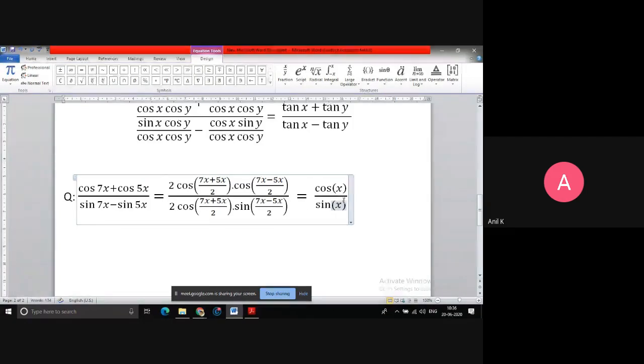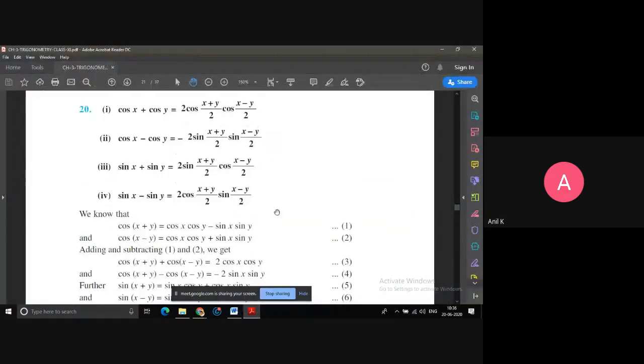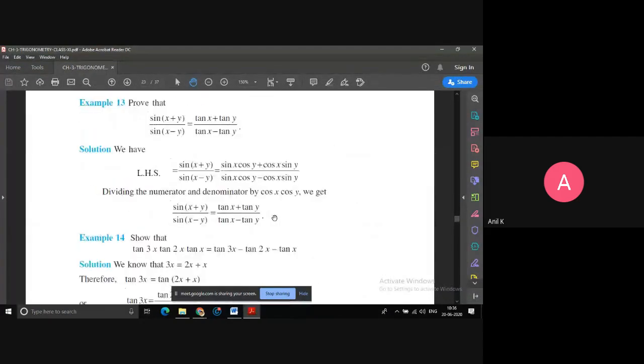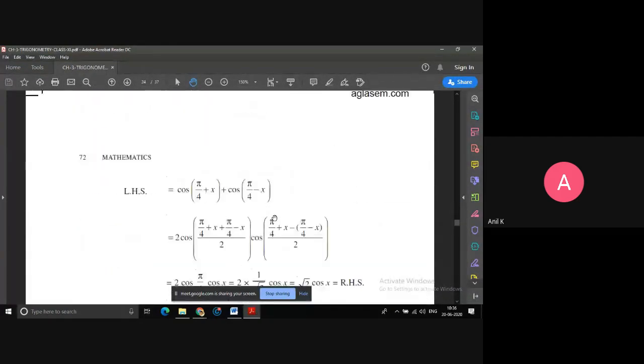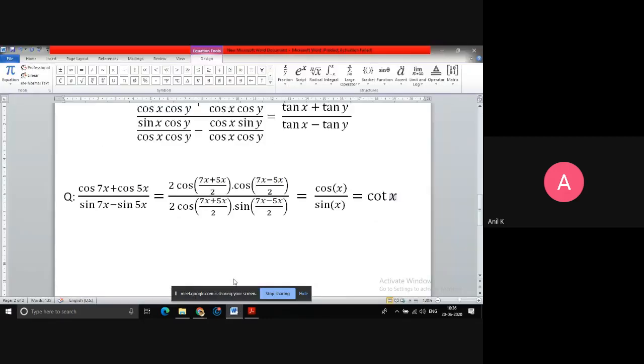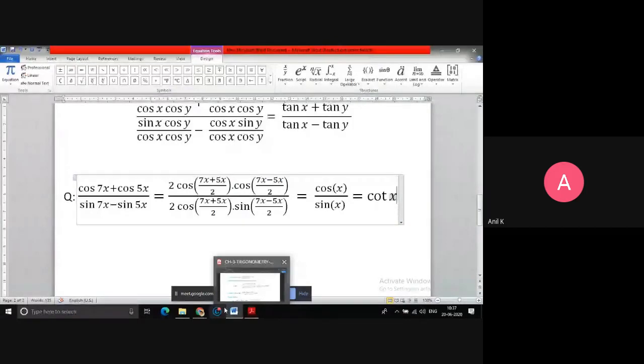So finally you have cos x upon sin x, which is cot x. What you have to prove actually? This is done. You have to prove cot x. We proved here, hence it is cot x. Okay, is it clear how to apply the identity?